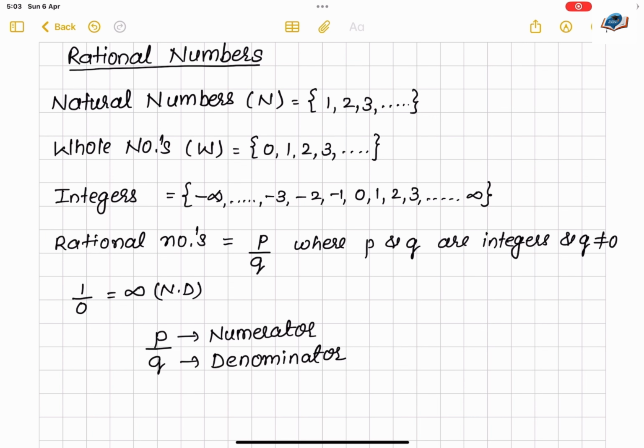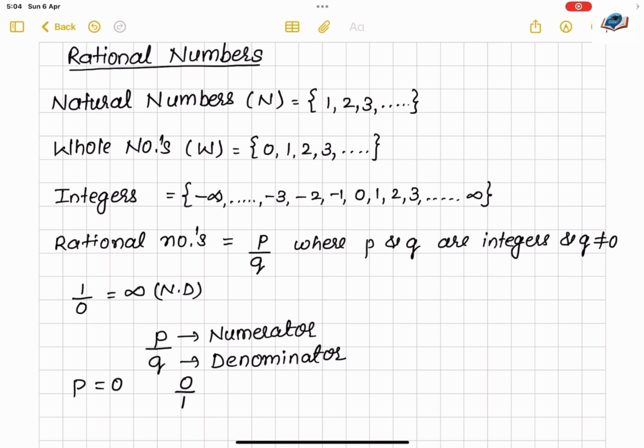Leaving 0, you can put any value of Q and any value of P. If I take P equal to 0, that will be a rational number because 0 upon 1 is a rational number. So I can say 0 can be written in the form of a rational number.